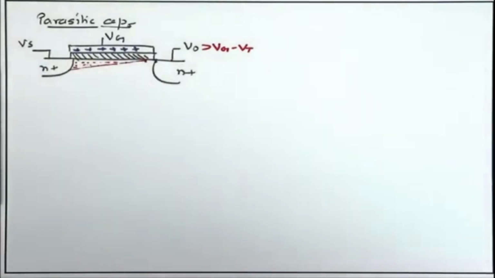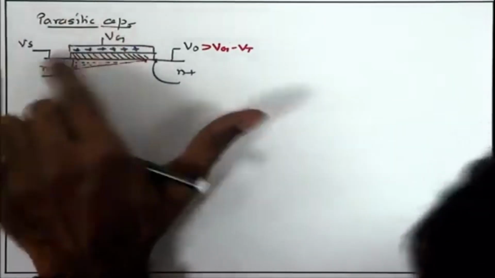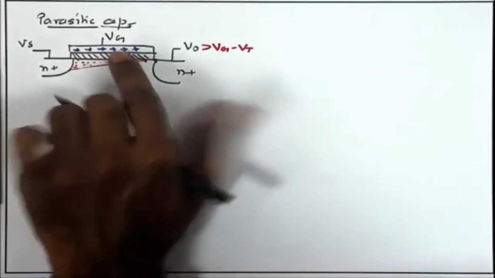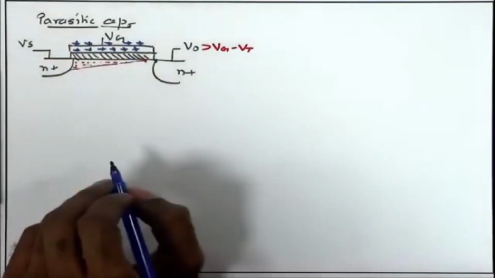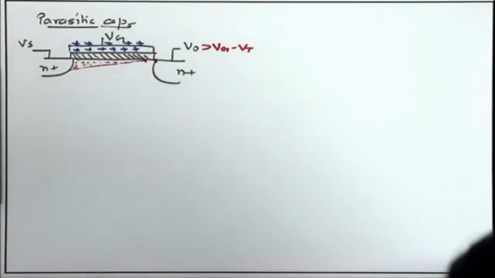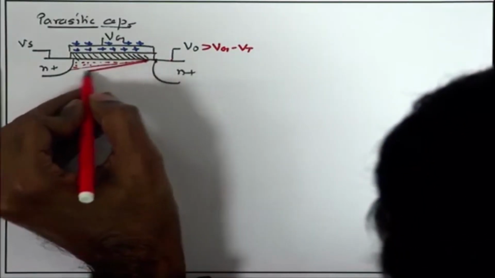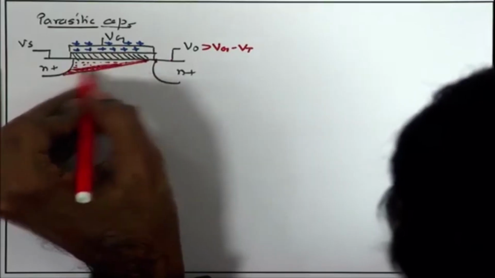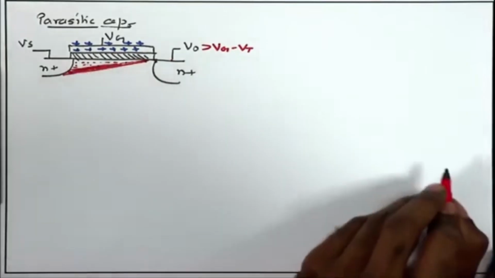Now what happens if I keep the drain voltage and source voltage constant and increase the gate voltage a little bit? When I increase the gate to source voltage, from Vg to Vg plus delta, I am dumping more positive charges, and in order to balance those I will definitely need additional negative charges. So, the total channel charge will increase. The total area, the shaded region plus this dotted region, will be the total charge.